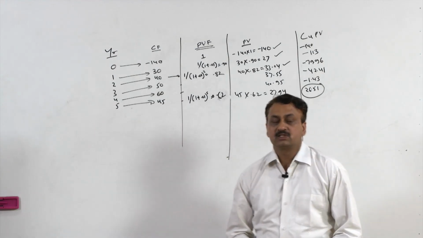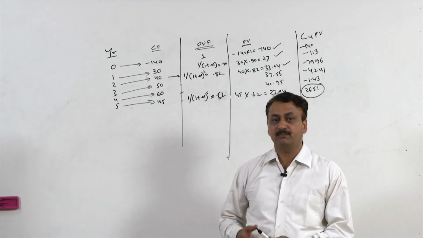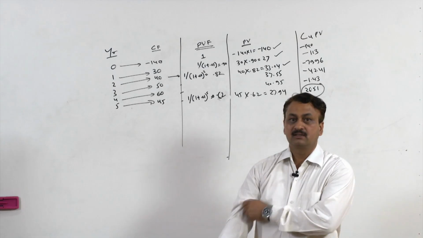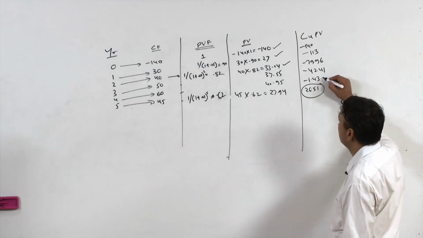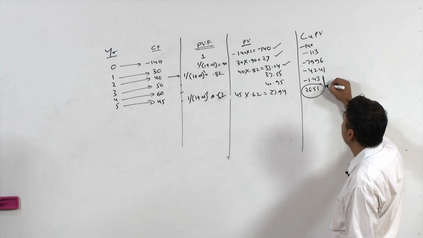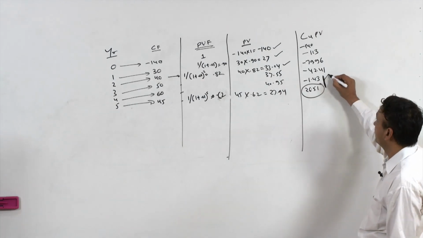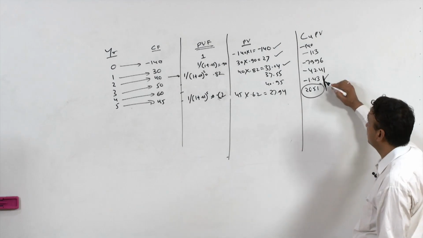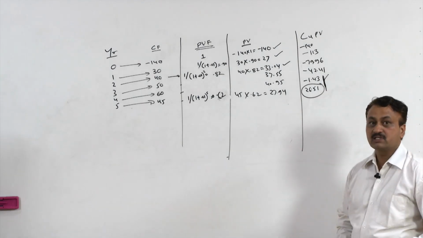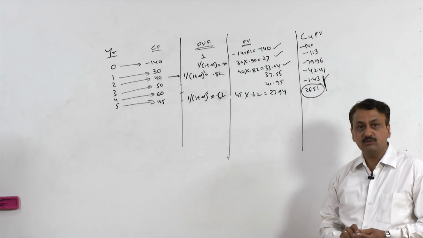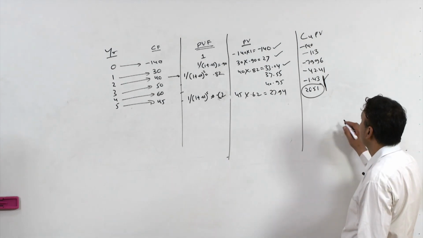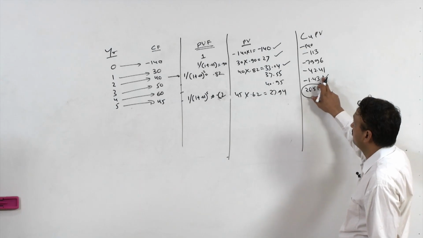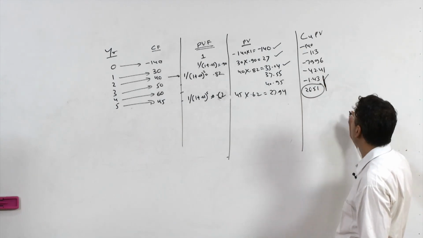So what is the discounted payback period here? The cumulative value changes from negative to positive in these two years, so the discounted payback period would be between the 4th and 5th year. This is the Y0 value, so Y0 is 4.